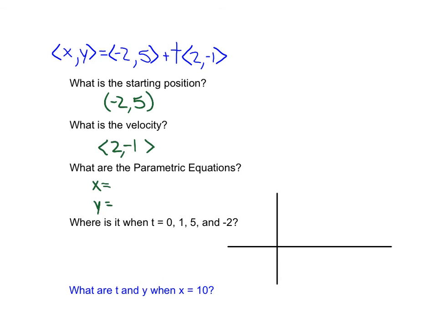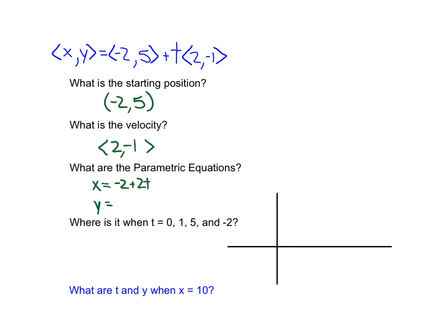X is negative 2 plus 2t. Okay? You take the x from your starting position, and the horizontal component of your velocity: negative 2 plus 2t.